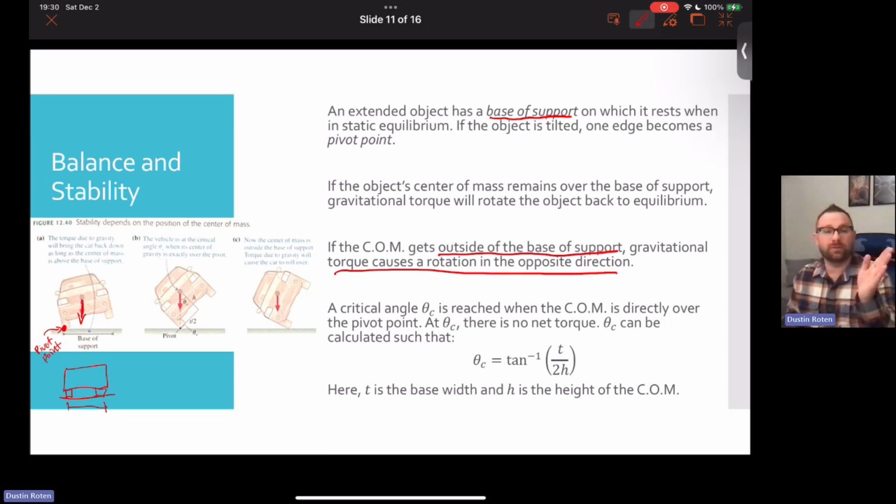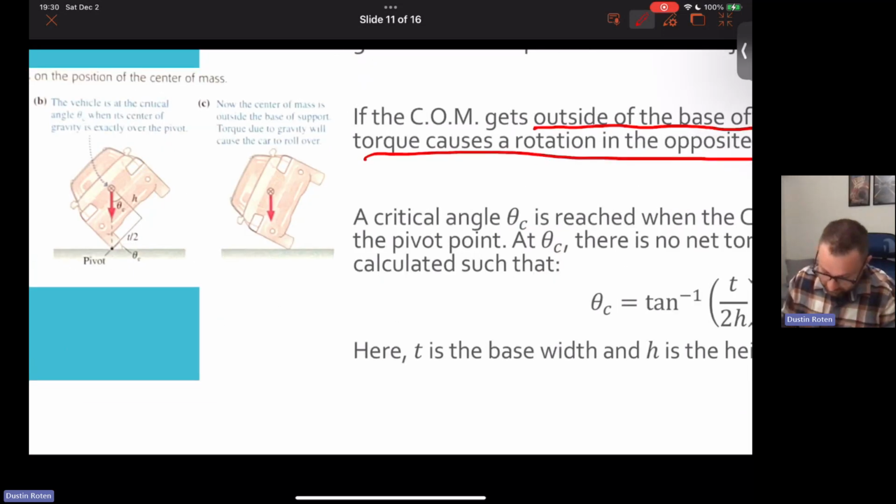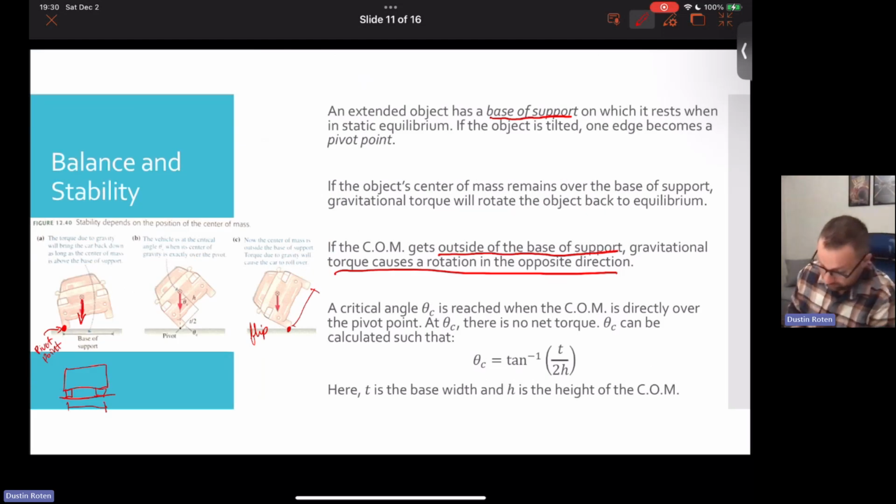As soon as you get over that pivot point and outside of the base of support, your object is essentially going to flip over. You can see there's my pivot point. My base of support is pretty much gone. It's up this way. So here you can see that this car is going to flip because the center of mass is outside of the base of support.